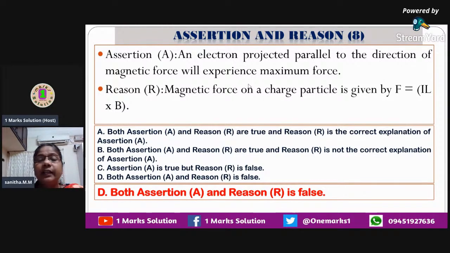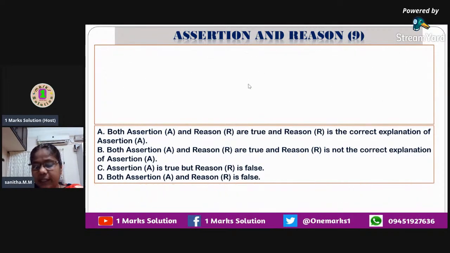Theta is 90 degrees, then only it will experience maximum force. Reason we can read it. Magnetic force on the charged particle is given by F is equal to IL cross B. No. The equation is QVB sine theta, or we can write Q into V cross B. So both assertion and reason are false. The correct option is D. Now move on to the next one.